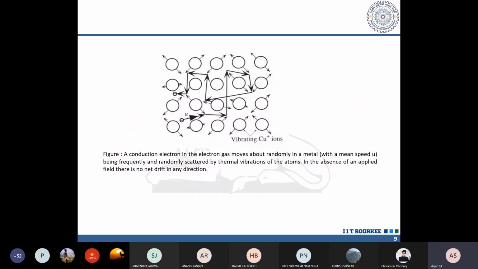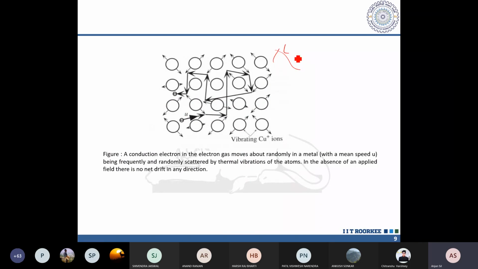Now this is what is shown pictorially, or schematically. The bigger empty circles are the lattice points, that means the copper positive ions, right? Because of finite temperature, it is not 0 Kelvin, it is above that, so the ions have vibration.